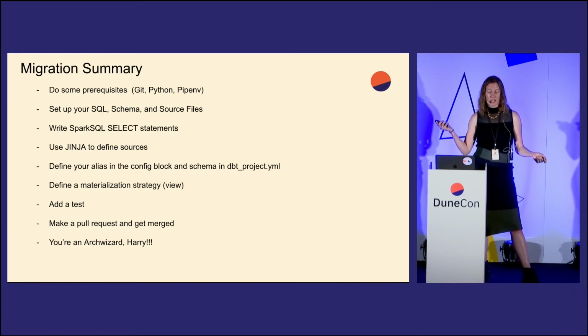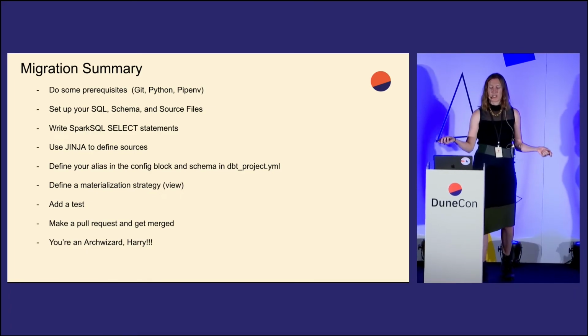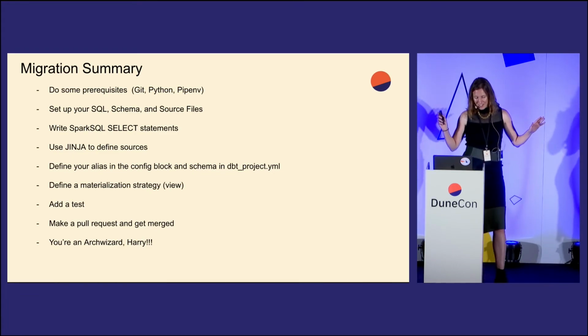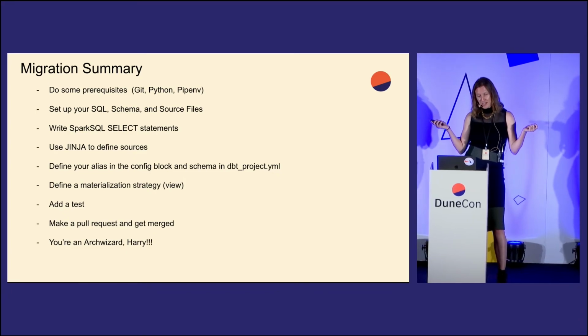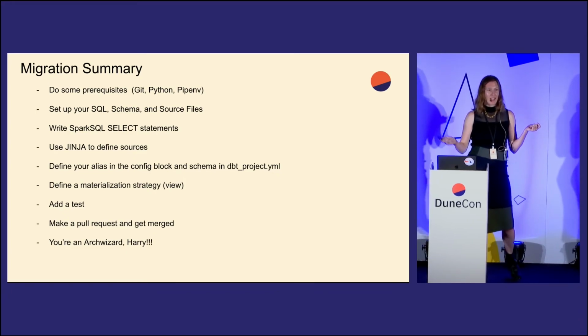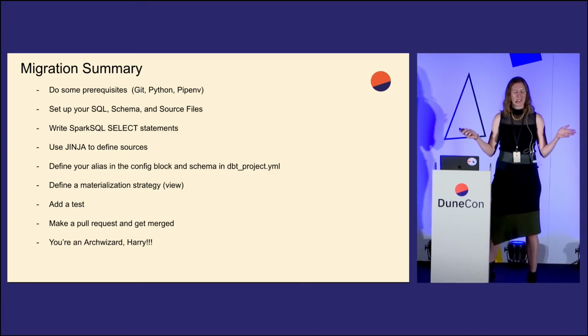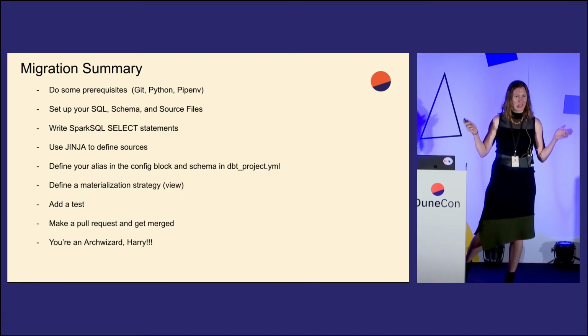We defined the name or alias of our table in a simple configuration block, our schema in the dbt project YAML. We defined a materialization, in this case a view. We didn't have to write a crazy pSQL function and cron job. We added a simple test, and we made a pull request, and one of you will be merged, and that's it. You're an arch wizard. You're the most powerful wizards on Dune.